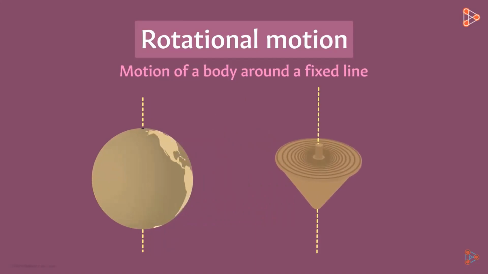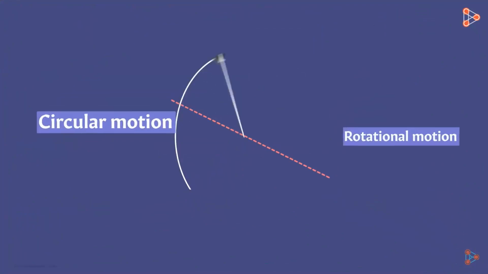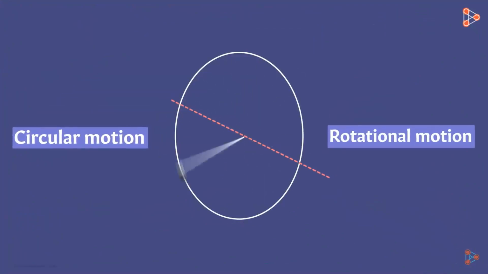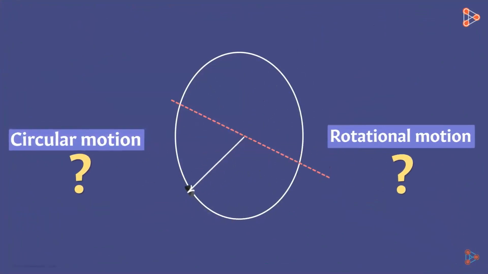But wait a moment. Let's go back to our example we discussed earlier. When this object was whirled around in circles, we said that it was performing circular motion. But here, if we take this line as our axis of rotation, then we can also say that the object is performing rotational motion around this fixed line. So what is the motion of this object? Circular or rotational?